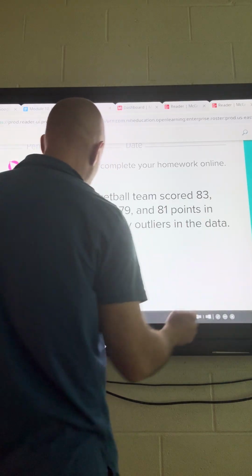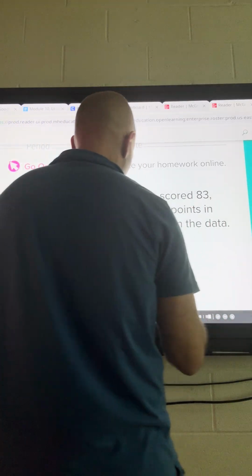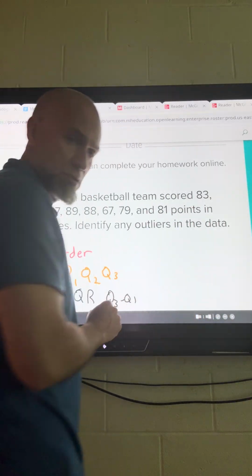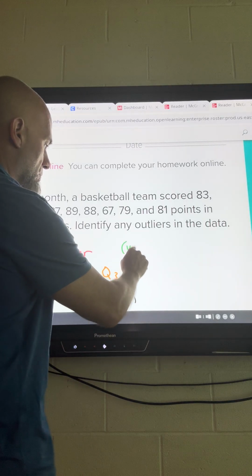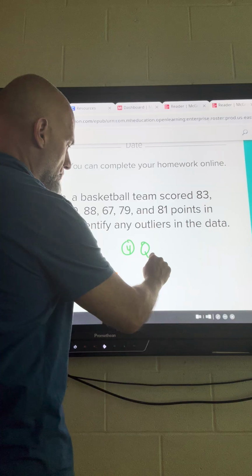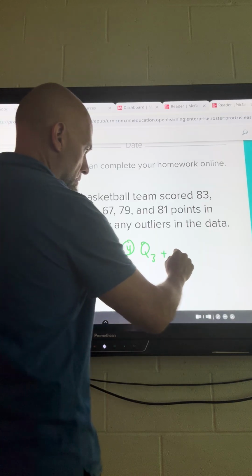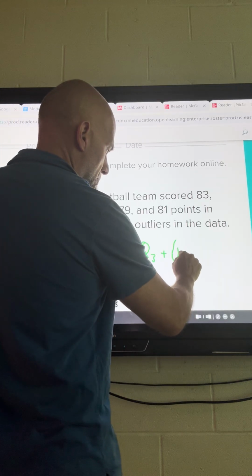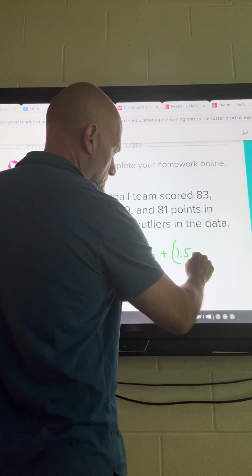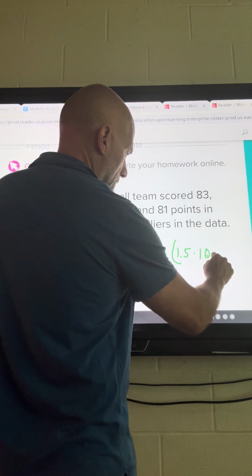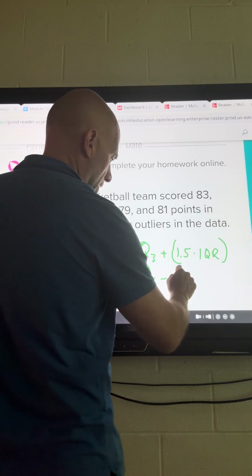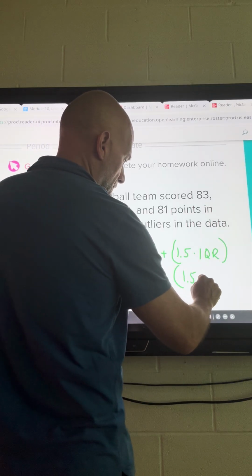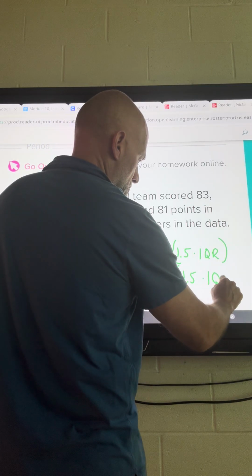And finally, the last thing you want to do, number 4, and I'm trying to write this in a place where you all can see it, is to take quartile 3 and add the product of 1.5 and the interquartile range. And then you also take Q1 and subtract the product of 1.5 and the interquartile range.